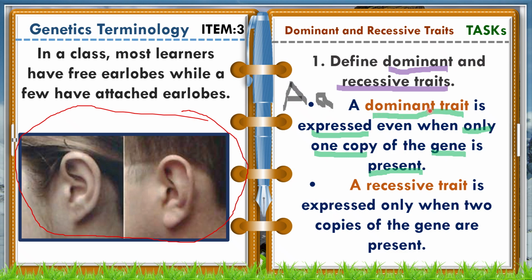So we say a dominant trait is expressed even when only one copy of a gene is present.